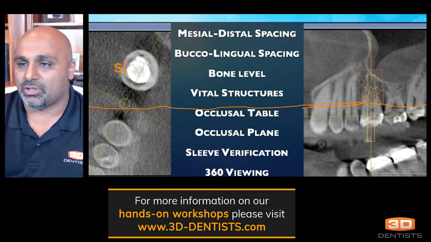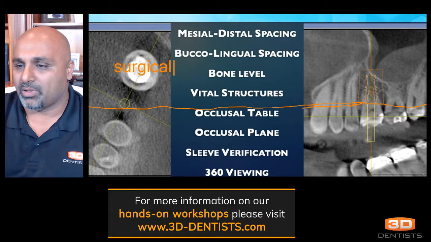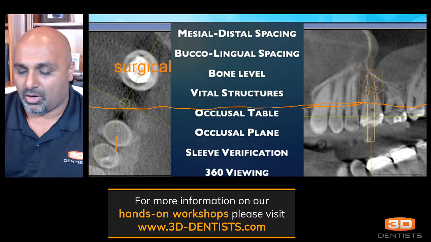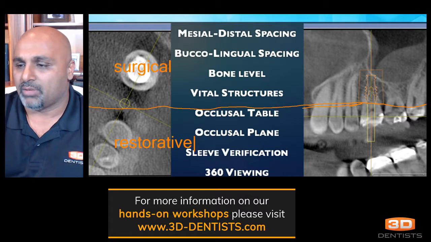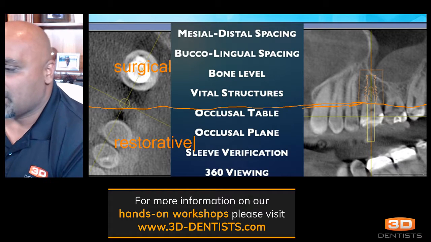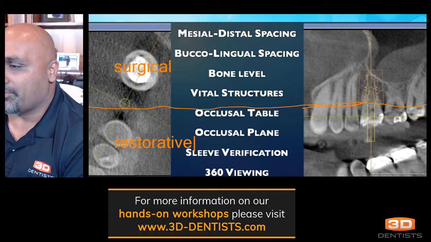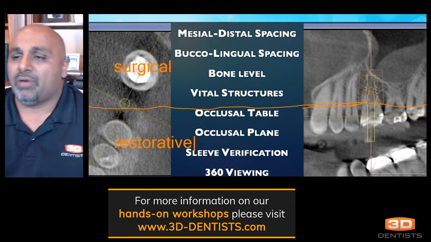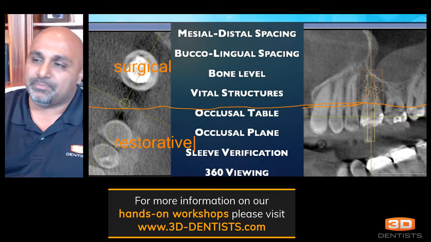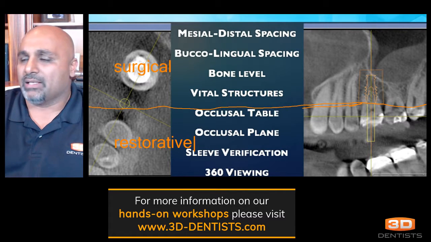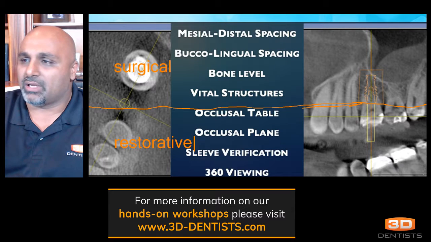This is surgically based. These are the surgical parts. And then what I'm looking at down here are the restorative parts below the orange line. So those are all things that we're looking at from a restorative perspective, and above it we're looking at a surgical perspective.